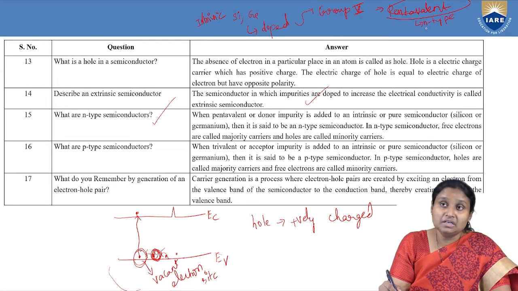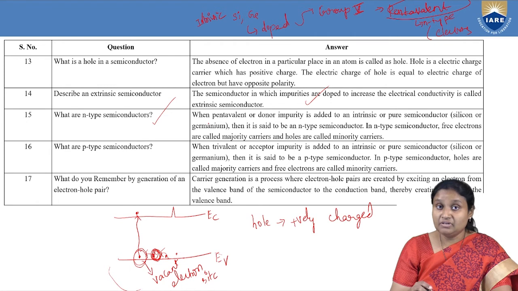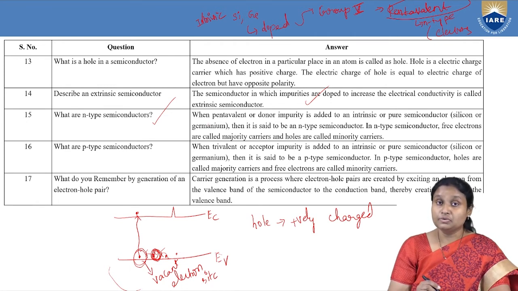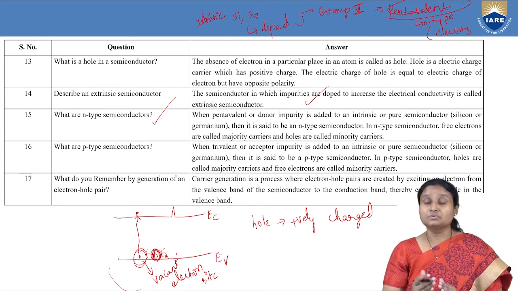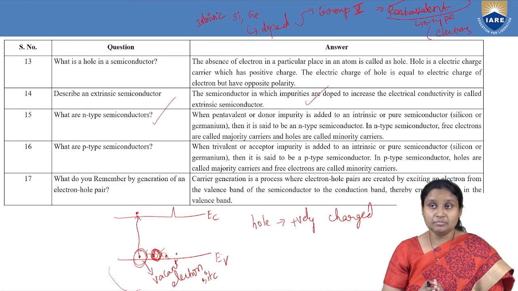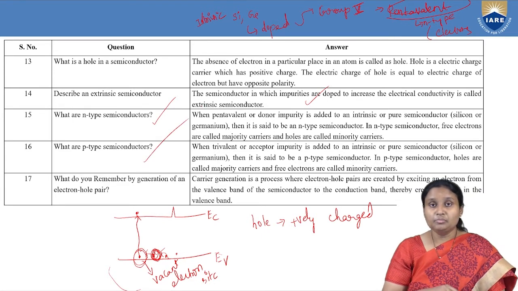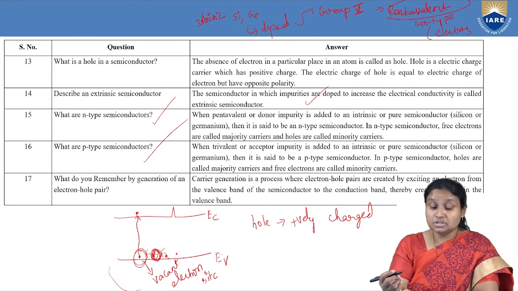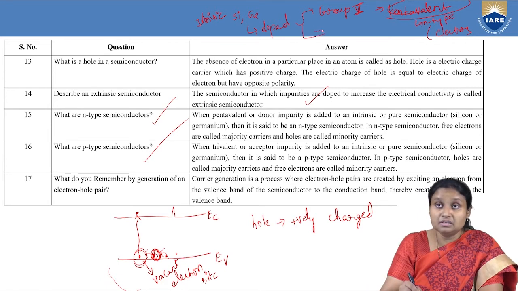And in n-type semiconductors, what are the majority charge carriers? Majority charge carriers are electrons. And these pentavalent impurities are called donor impurities because they are donating their electrons to the conduction band of the intrinsic semiconductor.